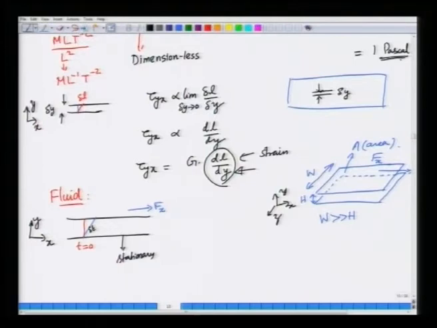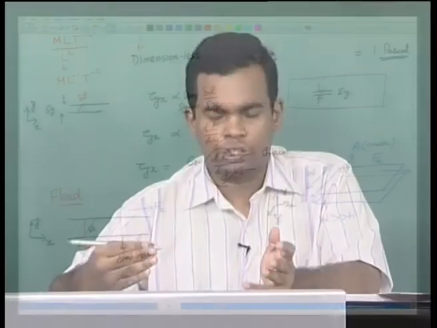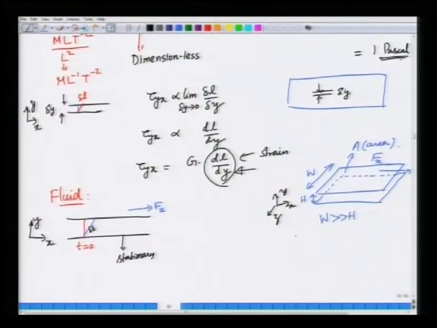but a fluid continues to deform under the application of stresses, especially shear stresses. Here we are applying a force on a surface, and the force is parallel to the surface. This is the surface on which the force is being applied, and these are called shear or tangential stresses, tangential forces or stresses.